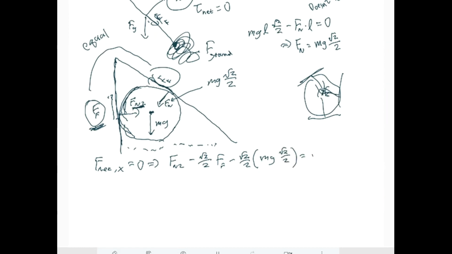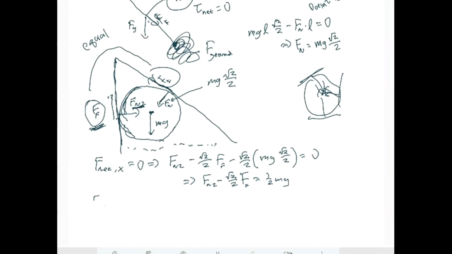And this is equal to 0. So I think this will simplify down to Fn2 minus root 2 over 2 Ff equals 1/2 mg. Yep. Okay, now let's do the y direction.